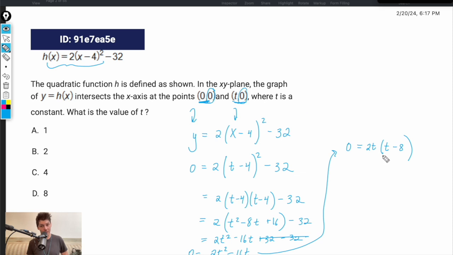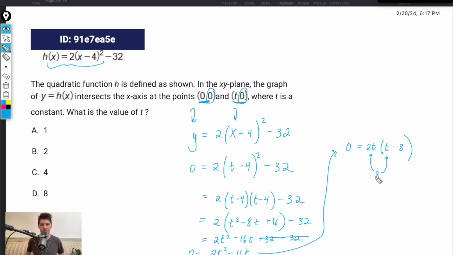When t equals 0, you get 0 times 0 minus 8. So that would give you one value that would work, but t is the other value. So what is that other value? Well, when this value is an 8, you get 16 times 0, 8 minus 8.